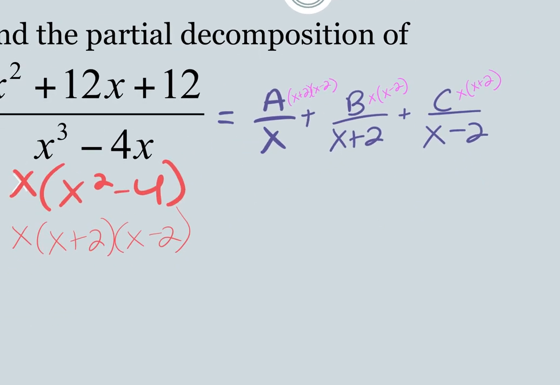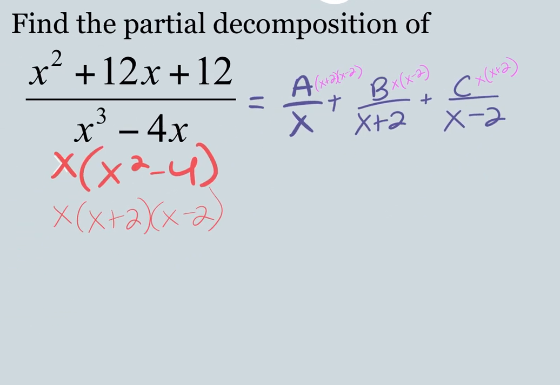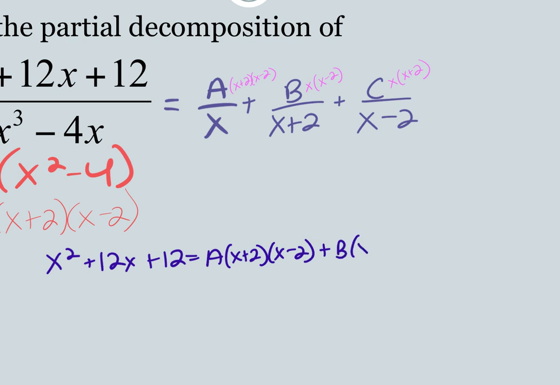Now I ignore the denominators for the next couple steps and I grab just my numerators. And I get x squared plus 12x plus 12 equals A times x plus 2 times x minus 2 plus B times x times x minus 2 plus C times x times x plus 2.